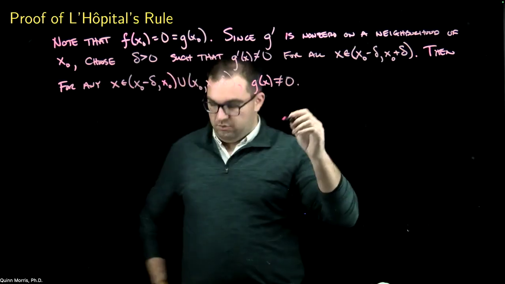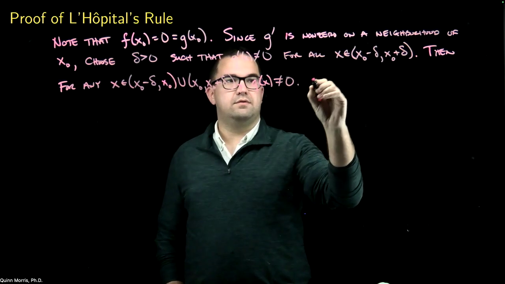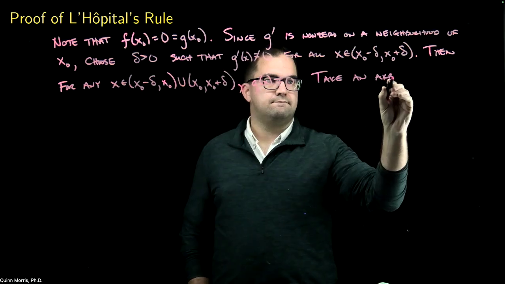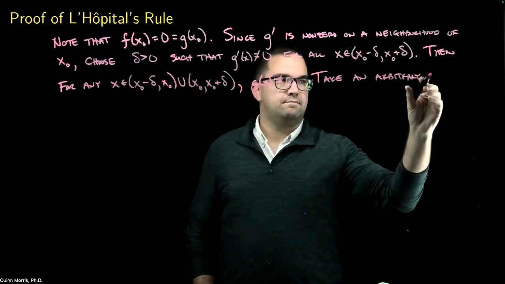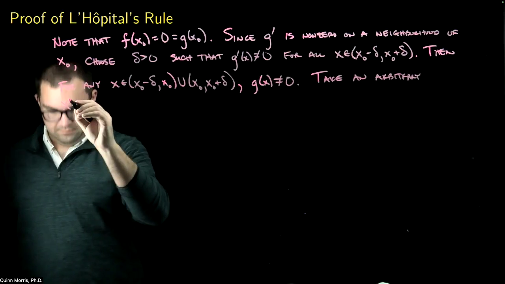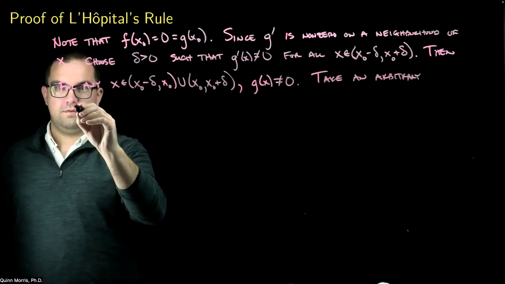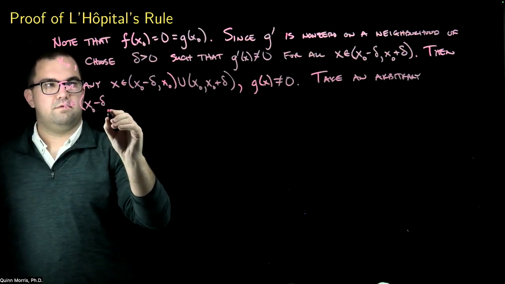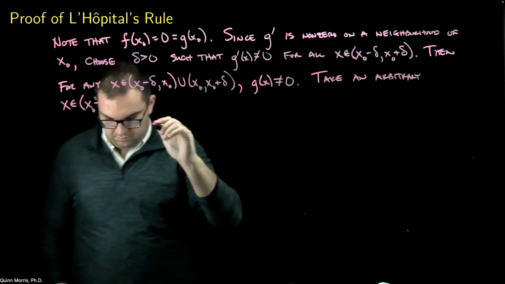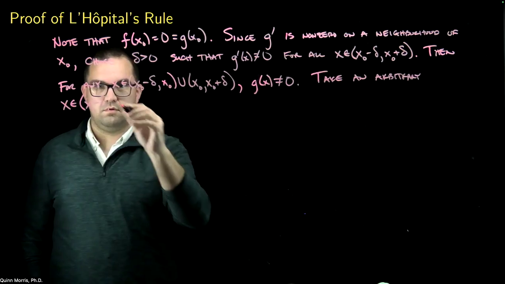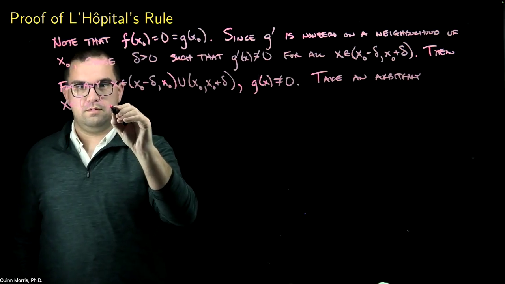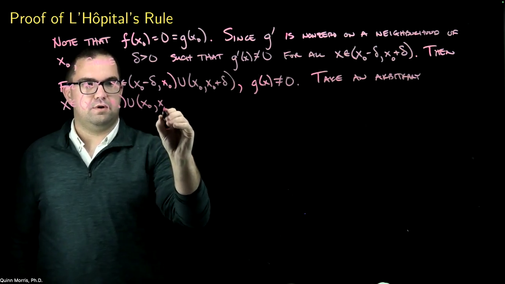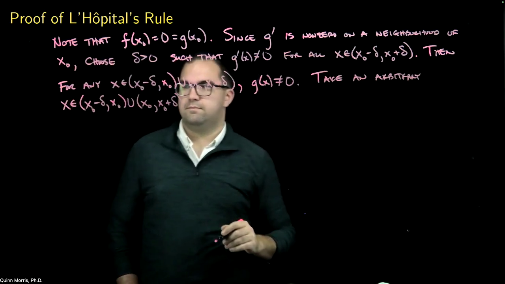All right. So now take an arbitrary x value in x naught minus delta up to x naught, union x naught up to x naught plus delta.